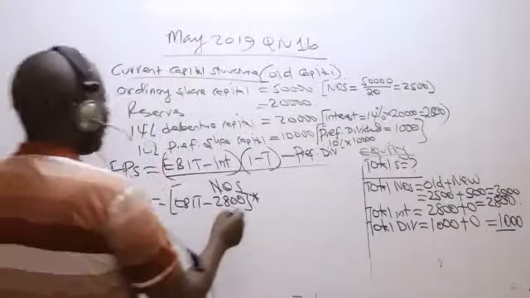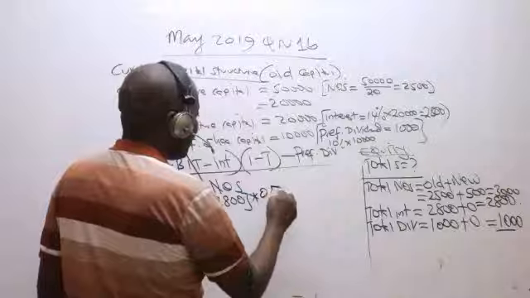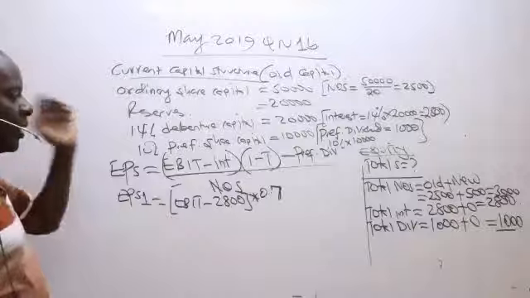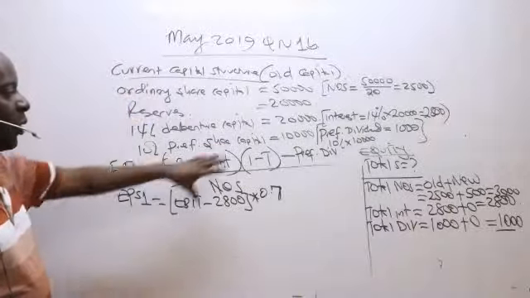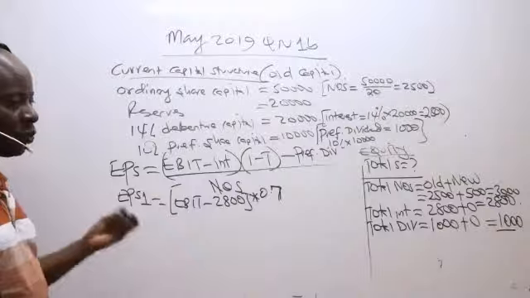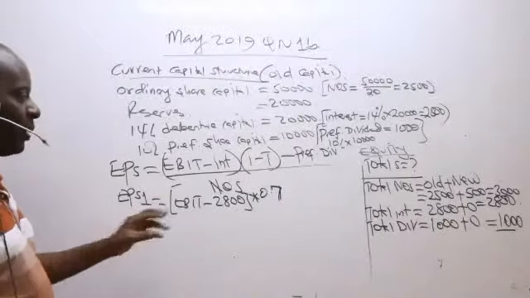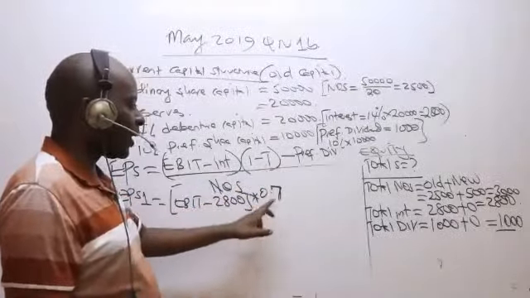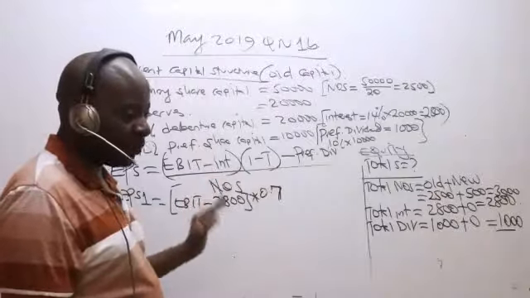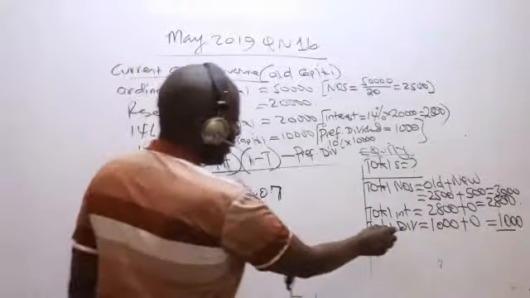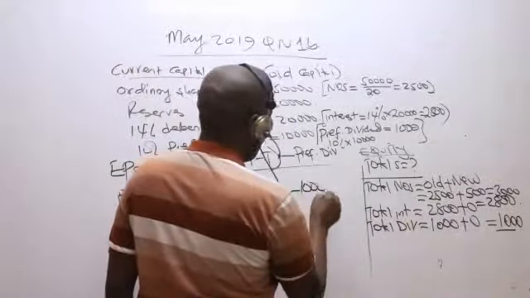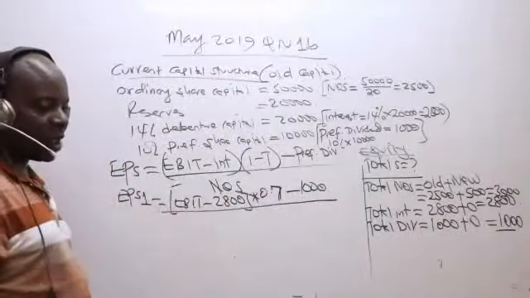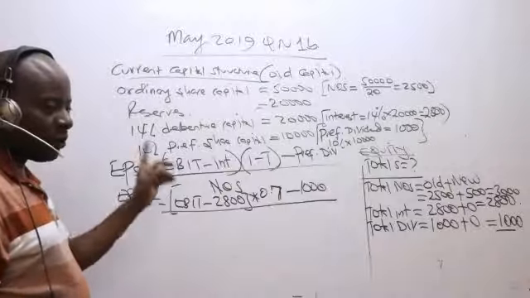So 1 minus 30% gives us 0.7. In this entire scenario, are we going to have any preference dividend? The total preference dividend is 1,000. Thank you so much. And then everything to be divided by the total number of ordinary shares. Do we know the total number of ordinary shares?